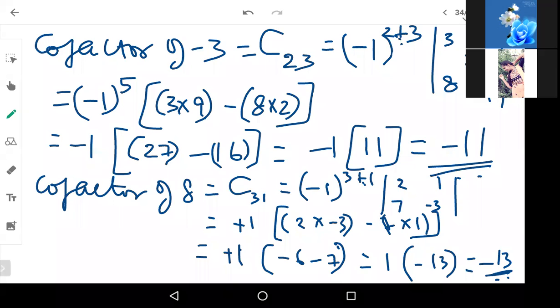Did you get minus 13? Cofactor of 8? Good. Others? How about others?